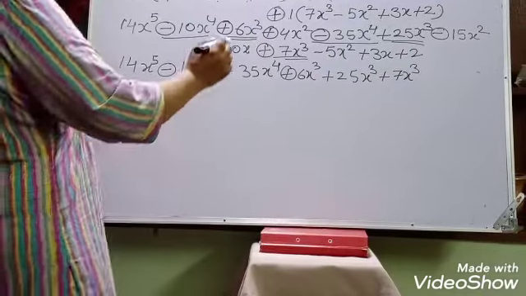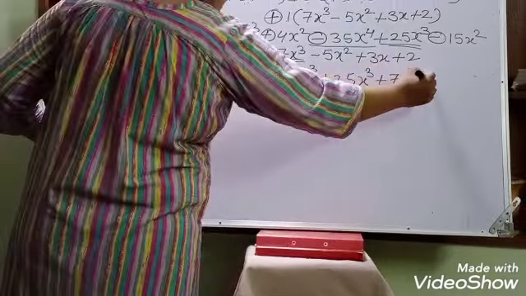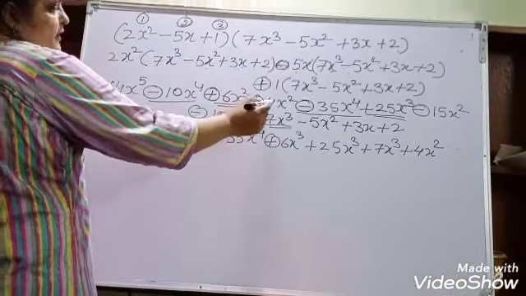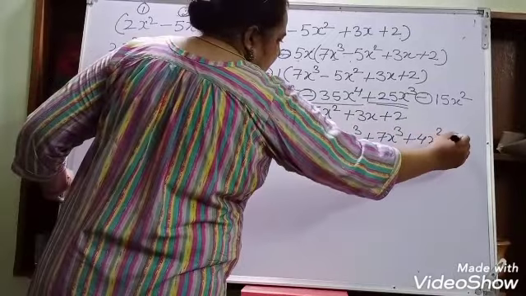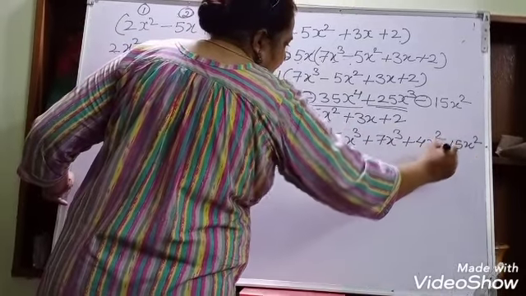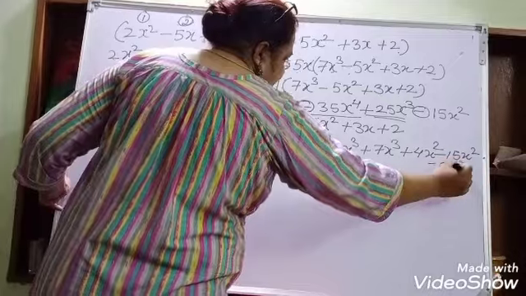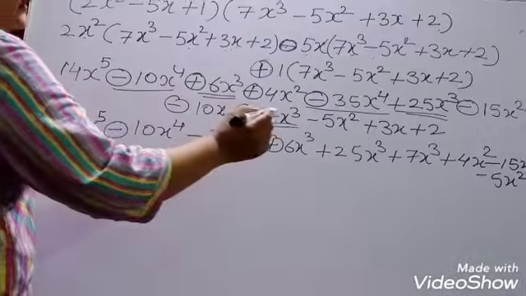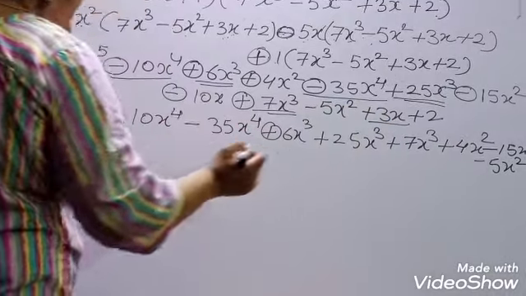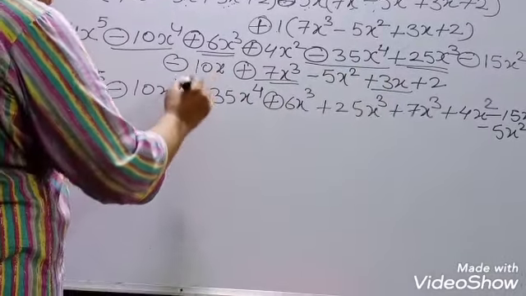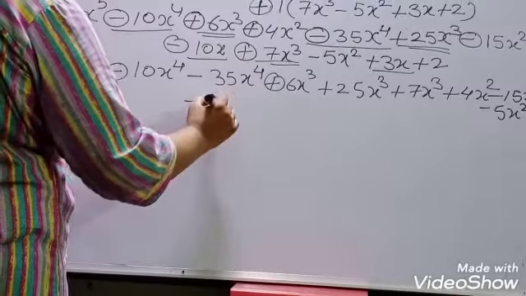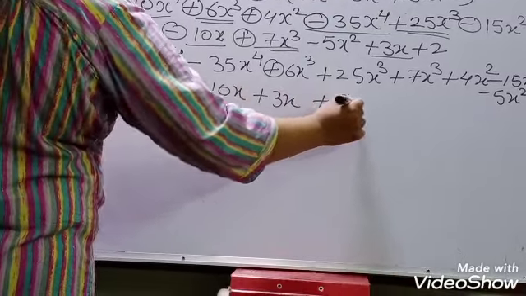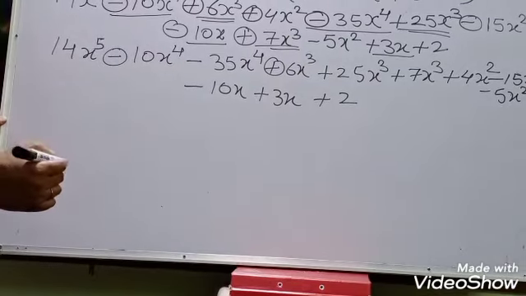Then plus 4x square. Write all the terms which have x square: 4x square minus 15x square and minus 5x square. Then terms containing x, that are plus 3x and minus 10x. And the last term is 2, which is unlike.